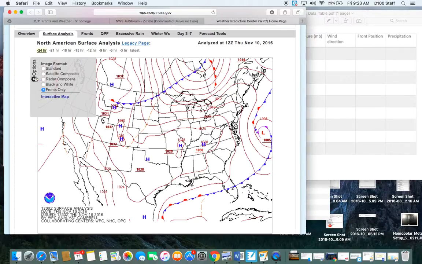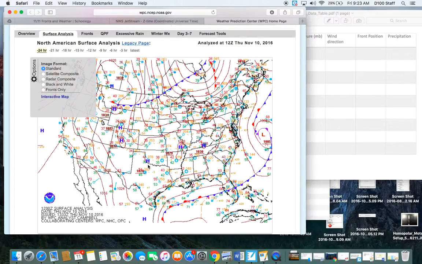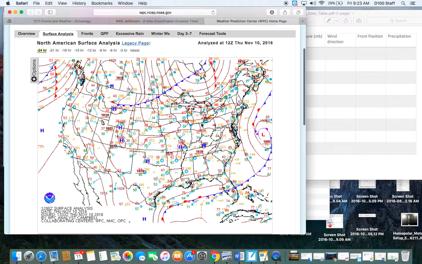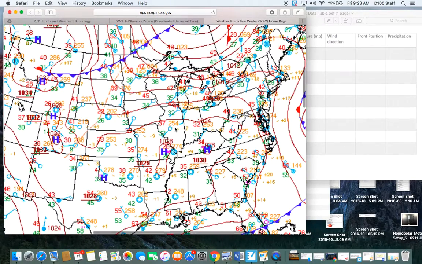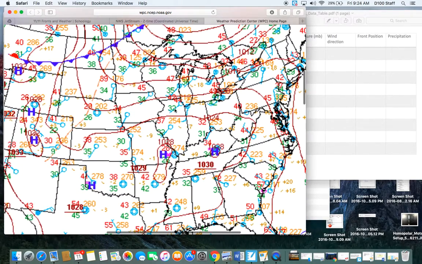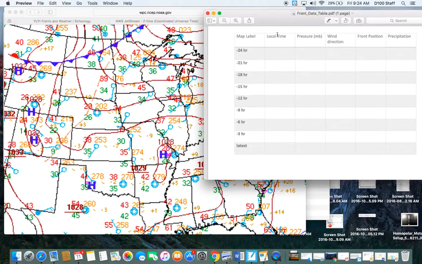Or you can go back to that more complicated standard map, and these little light blue images also show you where the wind is coming from. Okay, it looks like for Berwyn that was coming from the southwest. So this blue line is pointing from the direction that the wind is blowing. So you can see that that blue line is to the south and to the west of Berwyn. So our wind direction would be southwest.